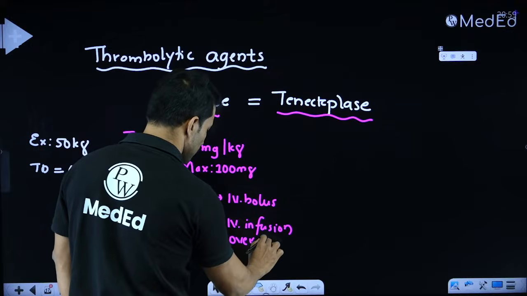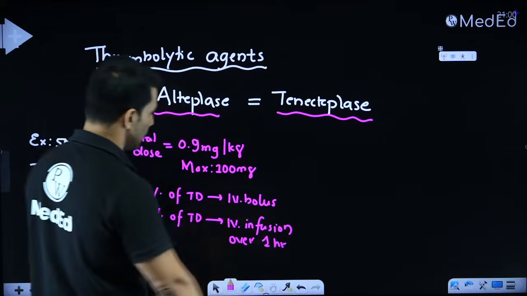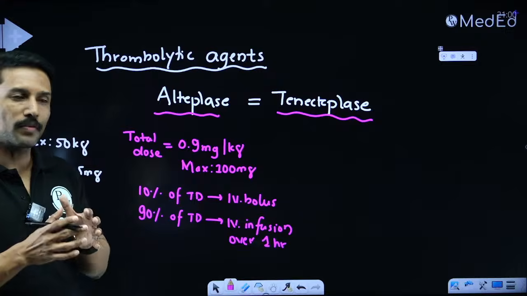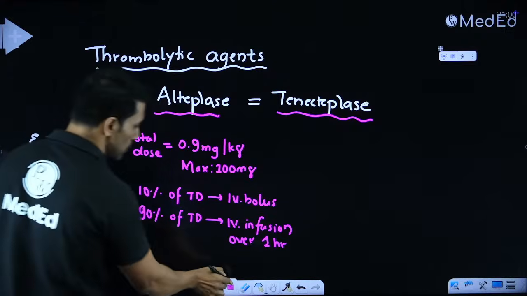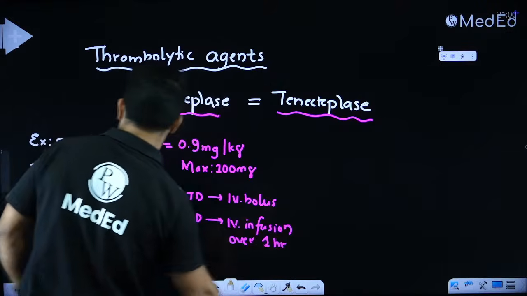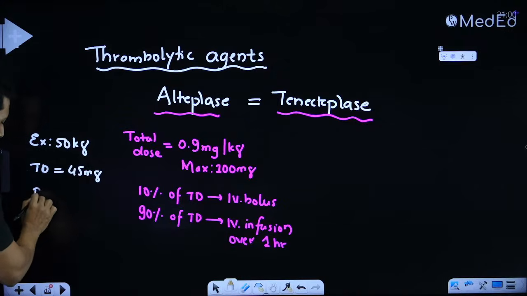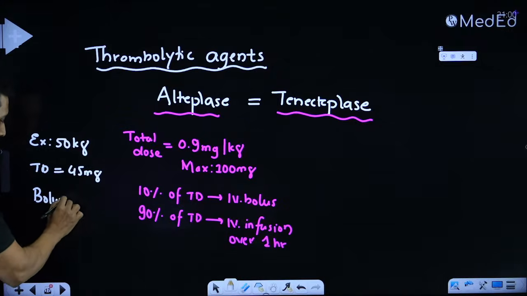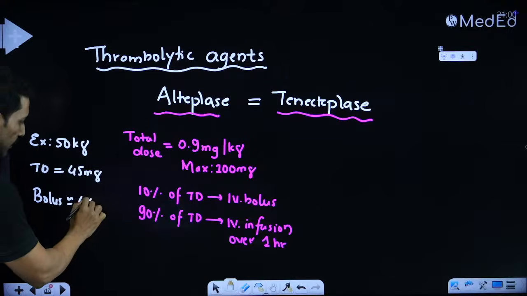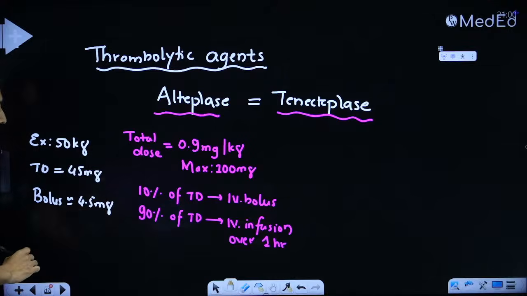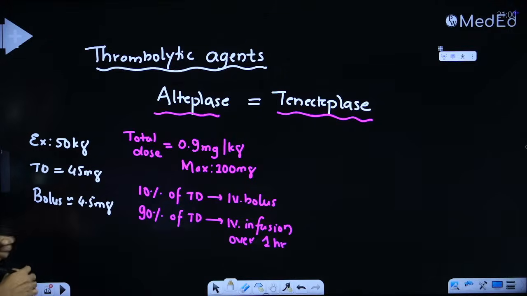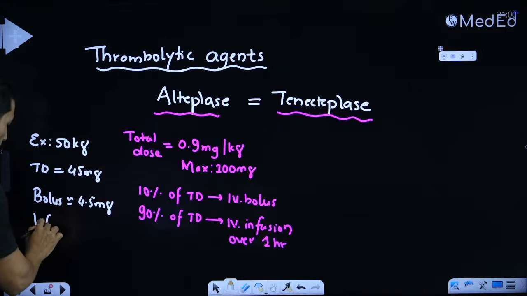Bit cumbersome, right? I have to first calculate the total dose. If the total dose is 45 milligrams, then the bolus dose becomes 10% of it, that is around 4.5 milligrams. And the remaining 40.5 milligrams becomes the infusion dose, right?